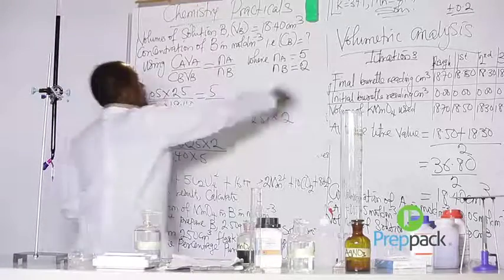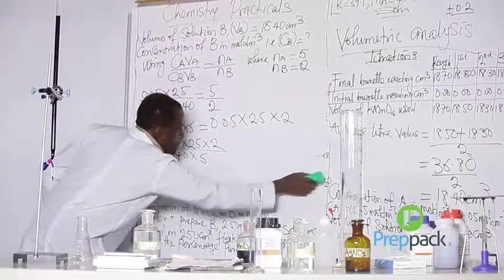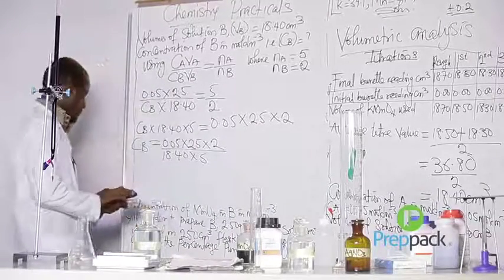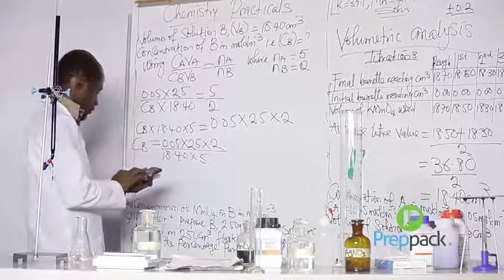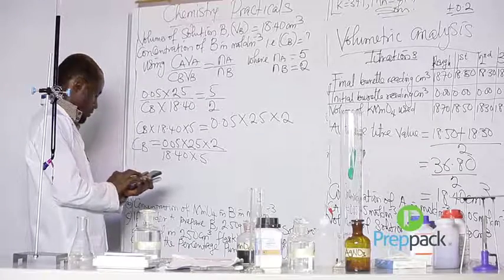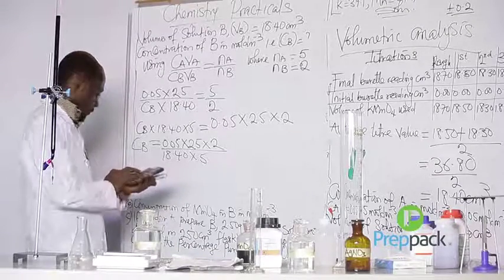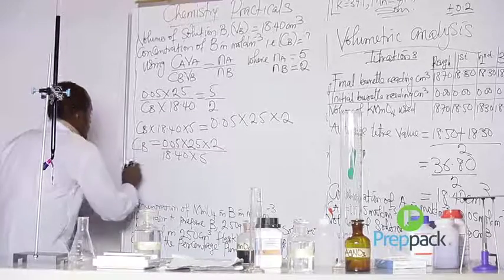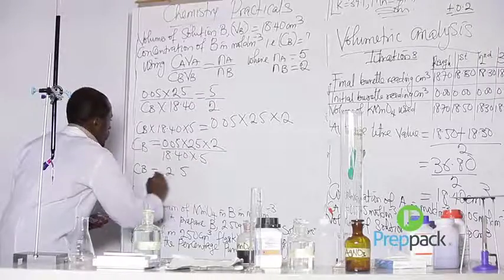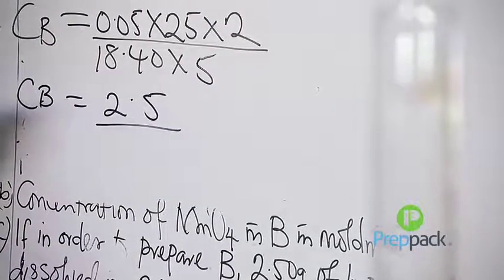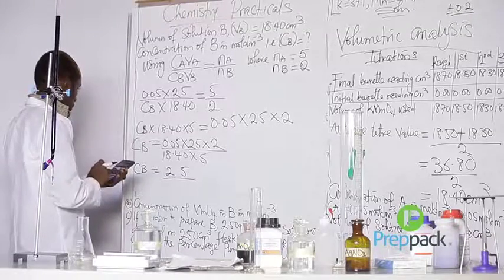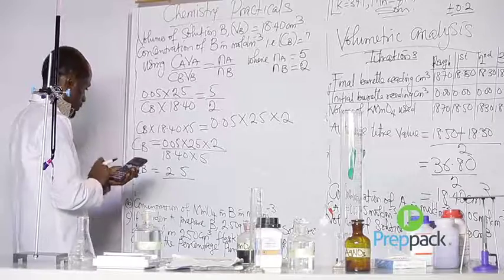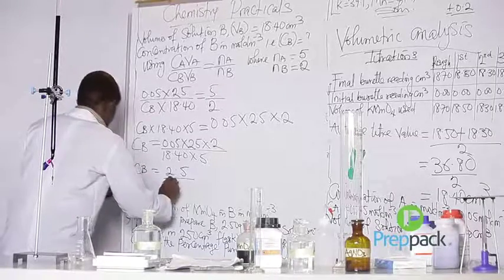So when you do that, at the end of the day, it becomes 0.05 multiplied by 25 multiplied by 2 equal to 2.5, over 18.40 times 5 equal to 92.